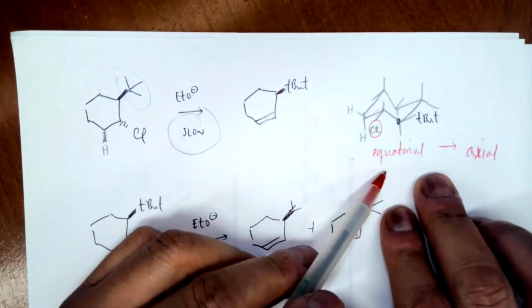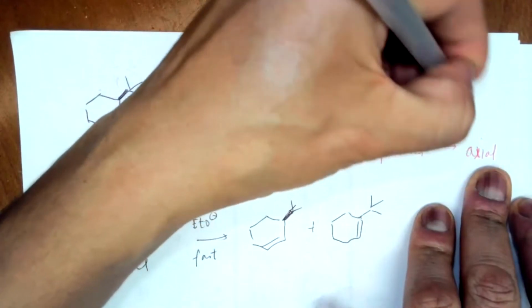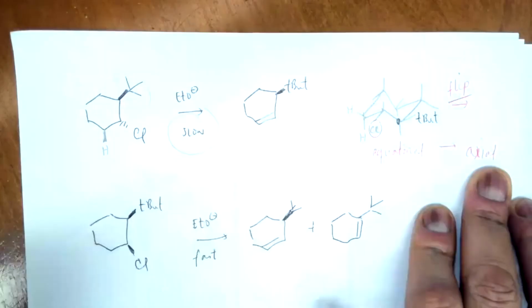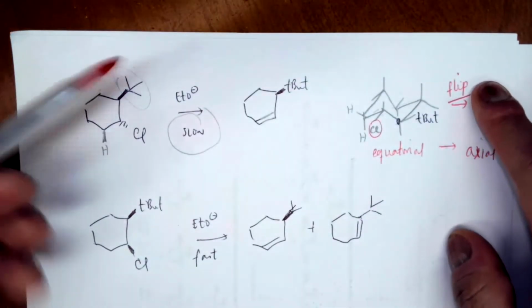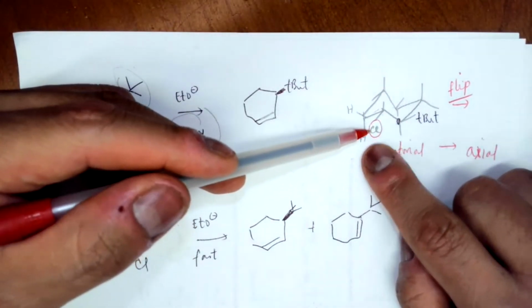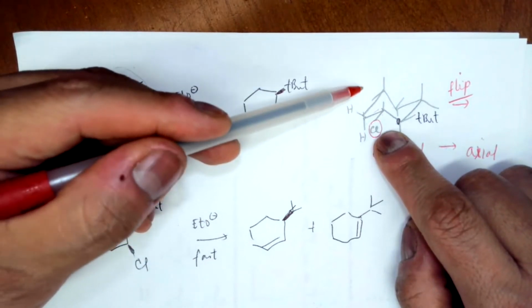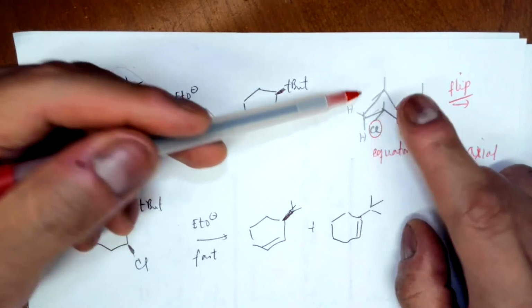You say, okay, not a big deal. If it's equatorial, you need axial. Well, all you have to do is flip the chair. Whatever is equatorial becomes axial. I flip the chair, I send the chlorine axial down, and this hydrogen will be axial up. Now they are anti-coplanar, no big deal.